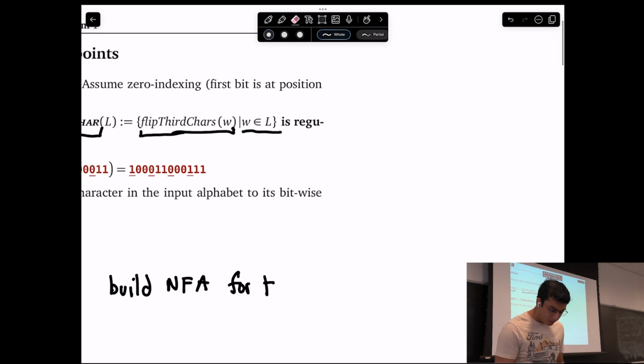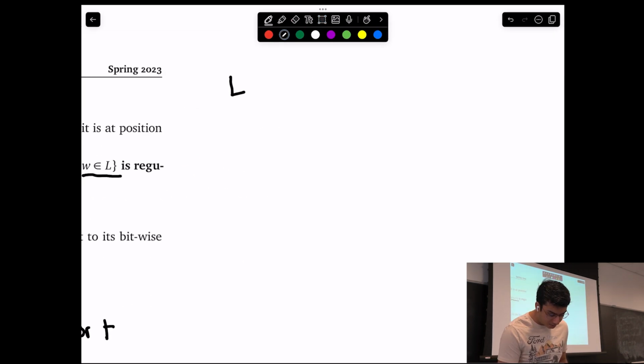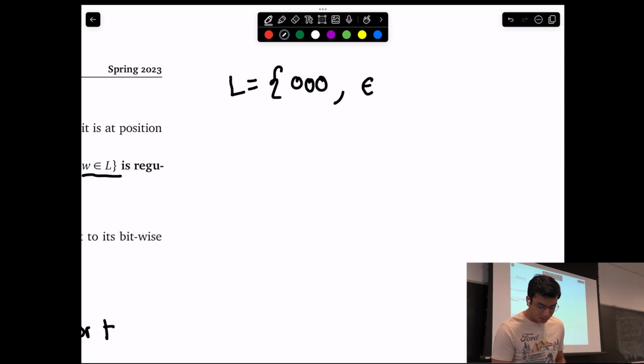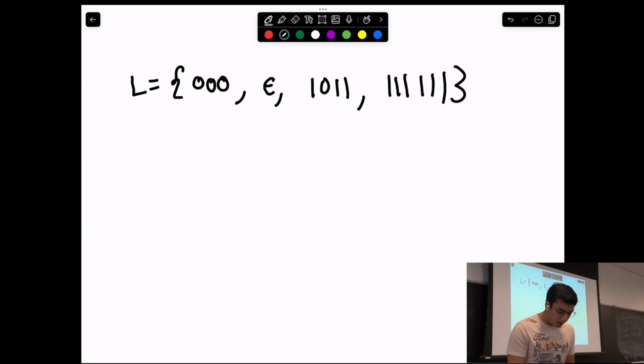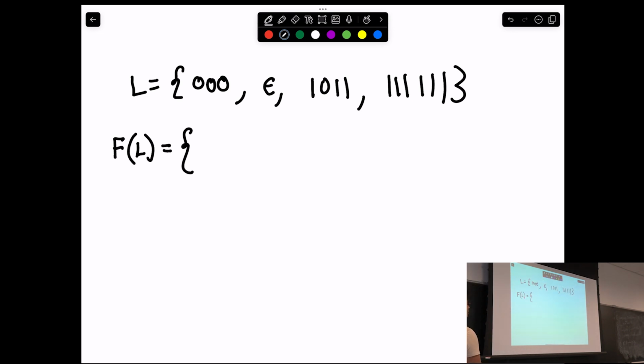So we want to apply the flip. Let's say we have the language L that's just equal to {0, 0, 0, epsilon, 1, 0, 1, 1, 1, 1, 1, 1, 1, 1}. If we apply the operation flip every third character in L, so every string in this language, the new language that we get, we're 0 indexing.